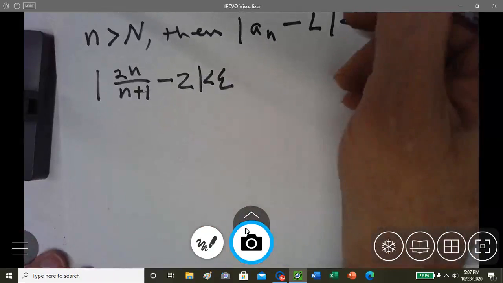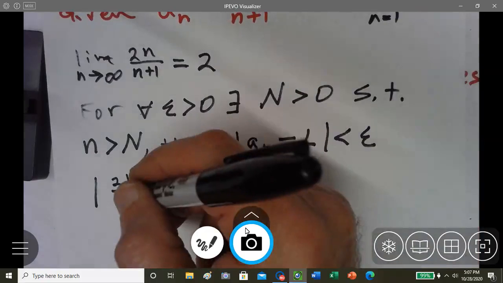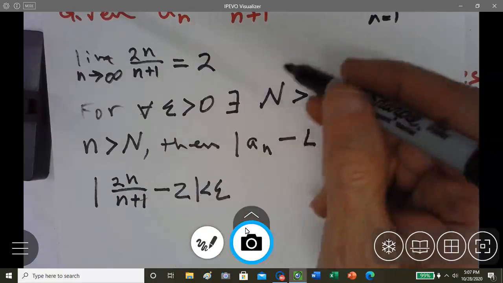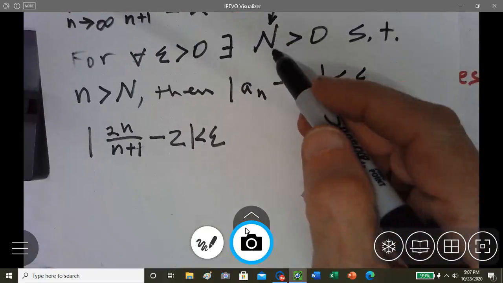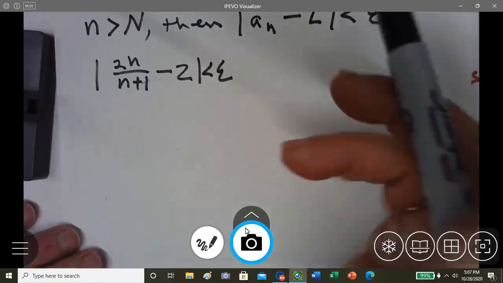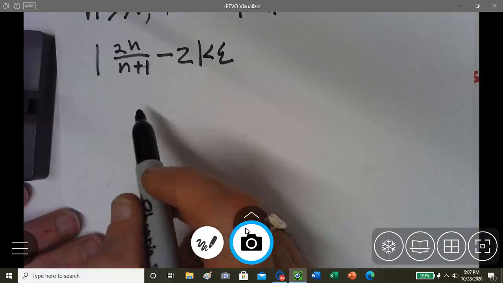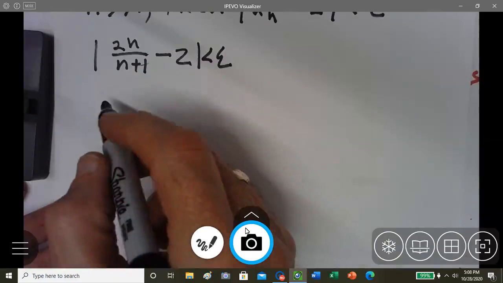What we're trying to do is solve for n, then we can define our boundary, uppercase N, and then define our proof and work backwards from that to show our proof.